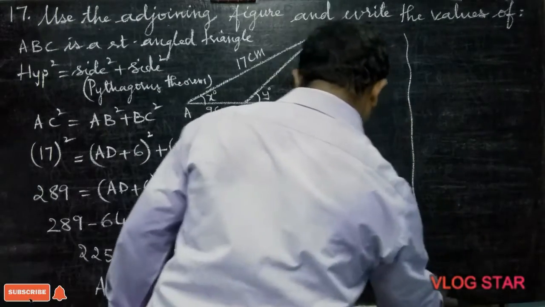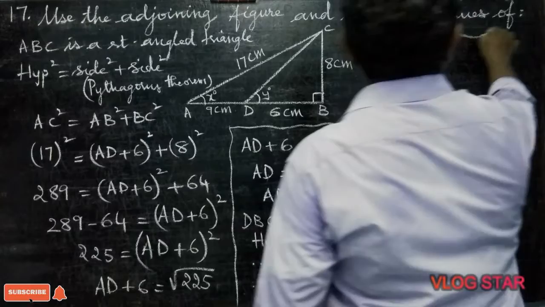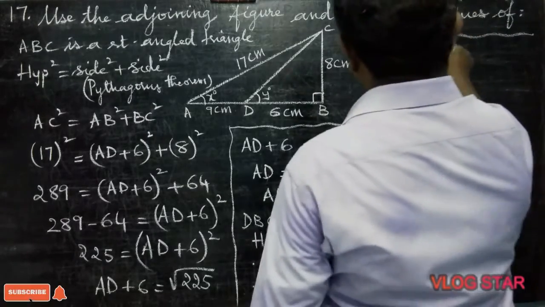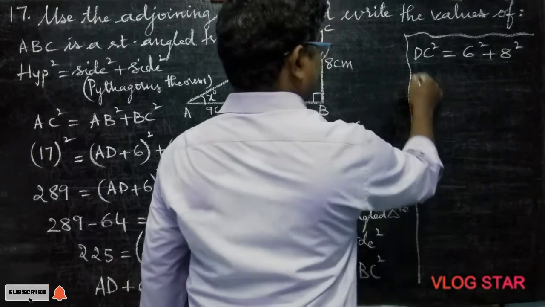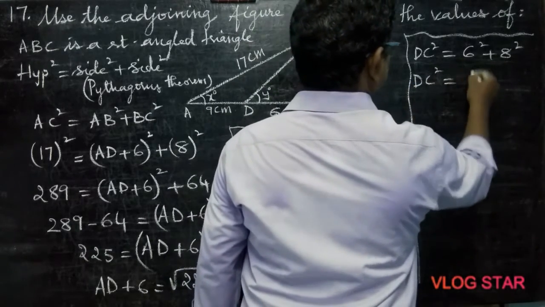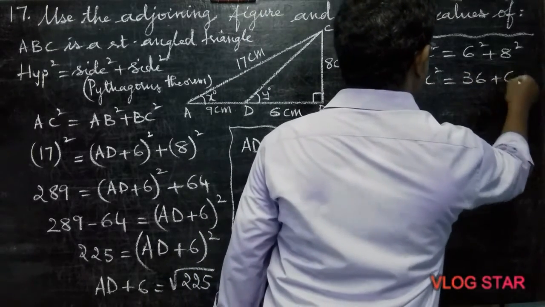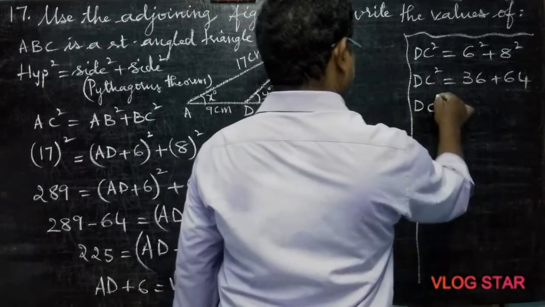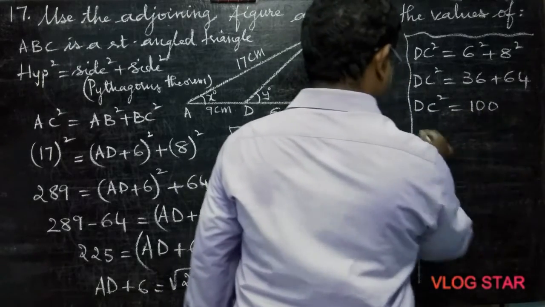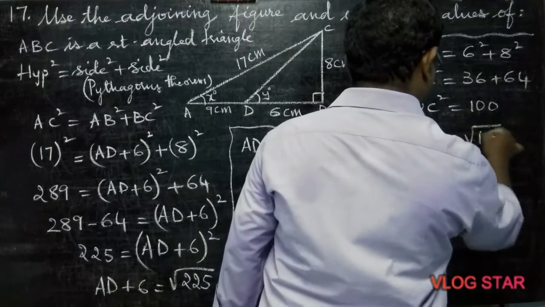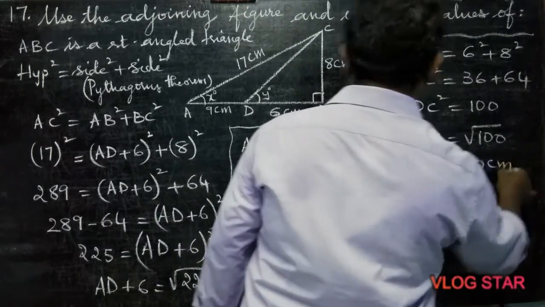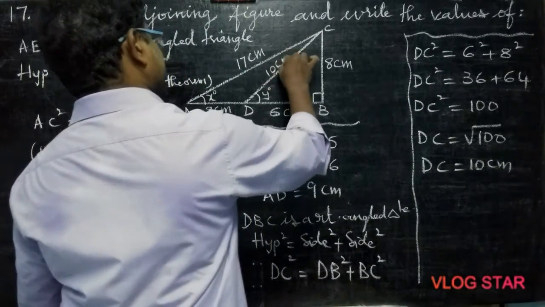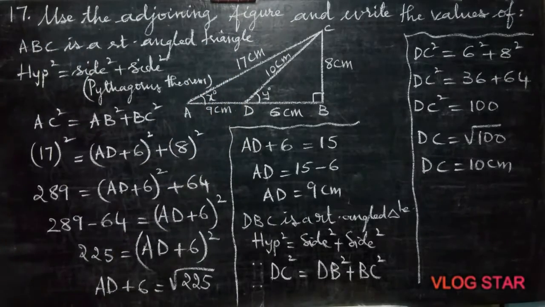DC we don't know. So DC square is 6 square plus 8 square. 6 6s are 36, 8 8s are 64. If you add, DC square is equal to 100. DC is equal to square root of 100, so DC is 10 centimeters. Now every side is known. Now we will find out what they ask.